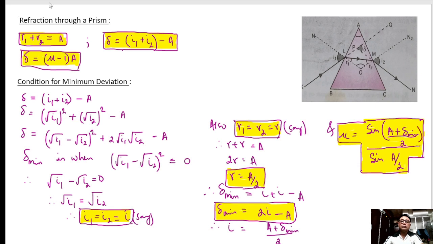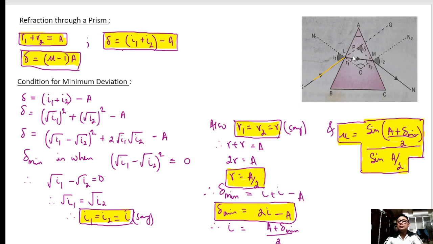Okay, so first of all, here we are seeing that there is a prism, and here is a light which is entering the prism.